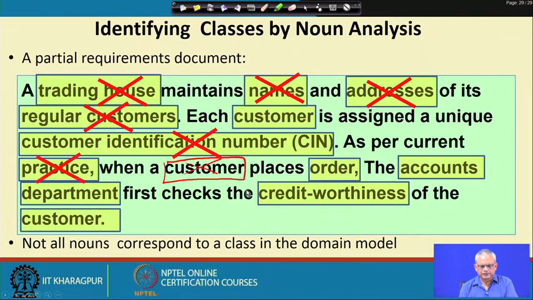Practice is a noun form of a verb, delete it. Order, okay, yes. Accounts department, we delete it, it is a user who checks the creditworthiness, and creditworthiness is an attribute, and customer is already selected, and therefore, we delete it here also. So, finally, you are left with customer and order.